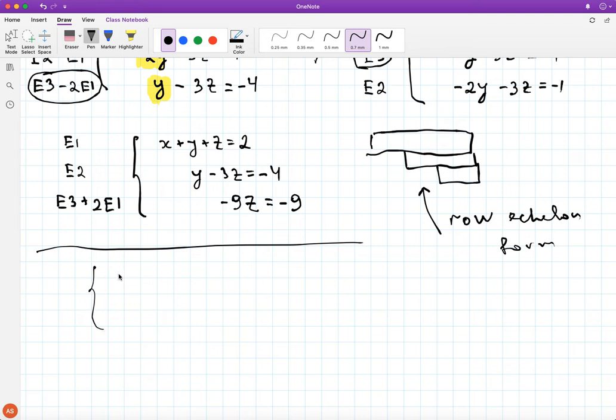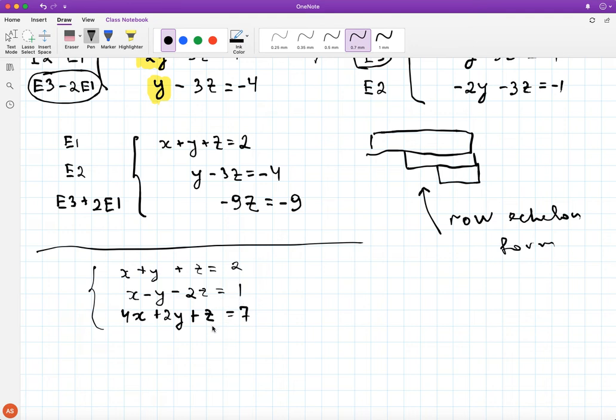The first few equations are going to be exactly the same as before. x plus y plus z equals 2, x minus y minus 2z equals 1, 4x plus 2y plus z equals 7.